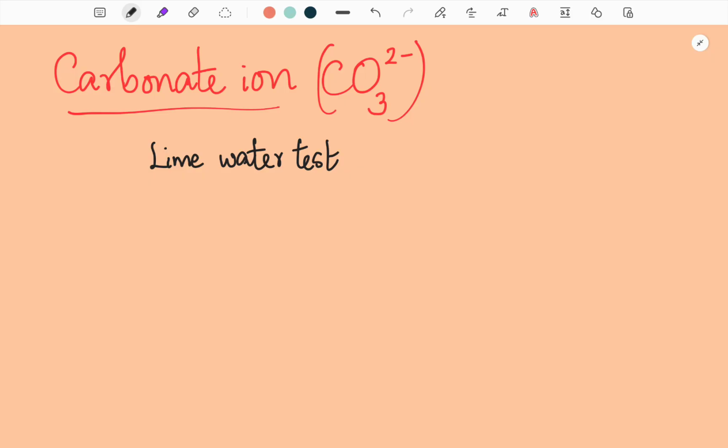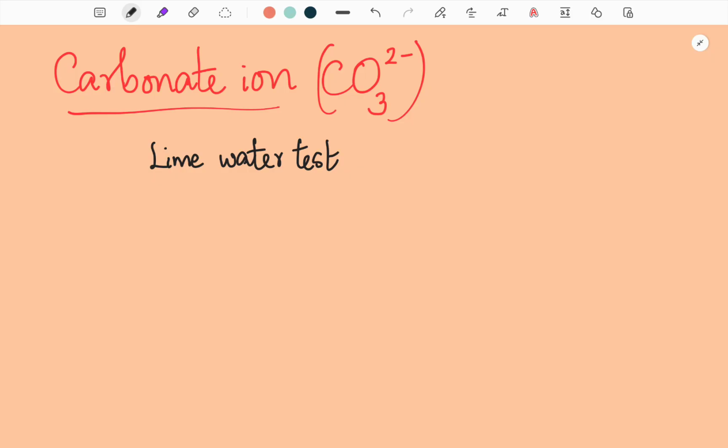So performing this test in the lab is something which might be difficult, and it is not possible, but you have to mention this test while writing. When you are writing it in the answer script, you have to write that you are going to pass the gas through lime water, and if lime water turns milky, that confirms the presence of carbonate ion.